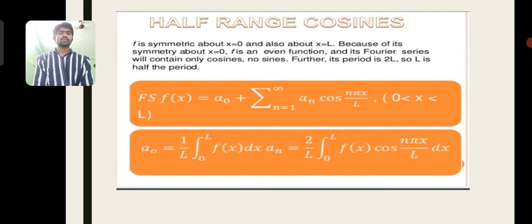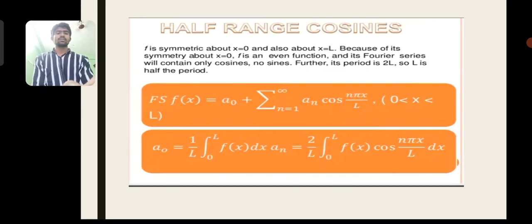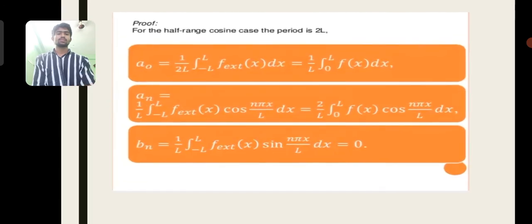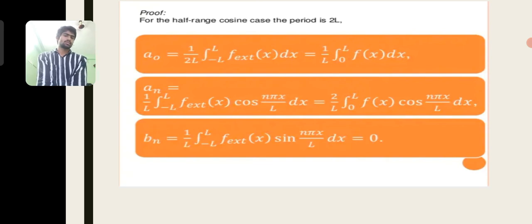When f is even, we can consider it as a cosine Fourier series, and its Fourier series contains only cosines, no sines. The period is 2L, so L is half of the period. The Fourier series of f of x equals a naught plus the summation from n equals 1 to infinity of a n cos n pi x by L, for 0 less than x less than L, where a naught equals 1 by L integral from 0 to L of f of x dx, a n equals 2 by L integral from 0 to L of f of x cos n pi x by L dx, and b n equals 0, because b n is the coefficient of the sine, and the sine terms vanish.